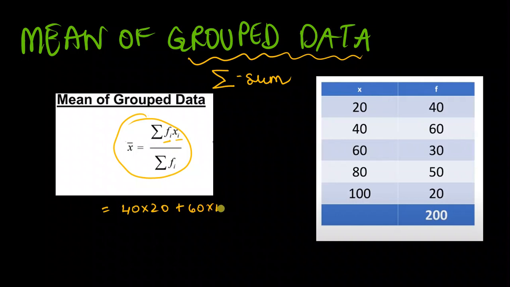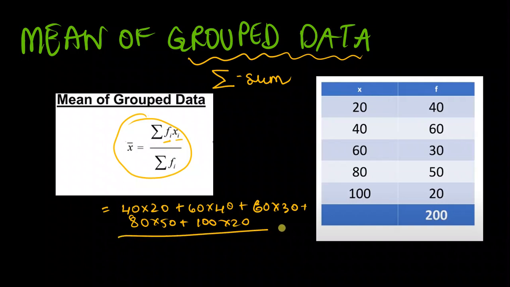That means it will be 40 into 20 plus 60 into 40 plus 60 into 30 plus 80 into 50 plus 100 into 20. We have to add its sum, all of this divided by summation fi, meaning the sum of the frequencies. Here at the bottom they have given 200.